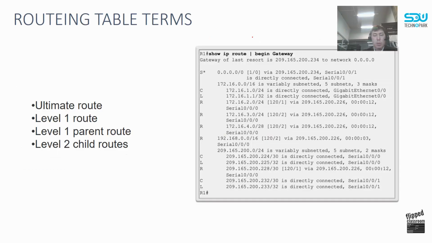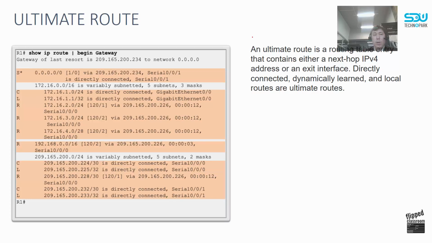Routing table terms. We have different types of routes: ultimate route, level 1 route, level 1 parent route, and level 2 child routes. You can see the ultimate routes in the projection. An ultimate route is a routing table entry that contains either a next hop IPv4 address or an exit interface. Directly connected, dynamically learned, and local routes are ultimate routes.